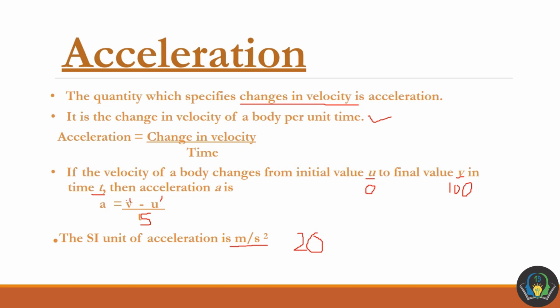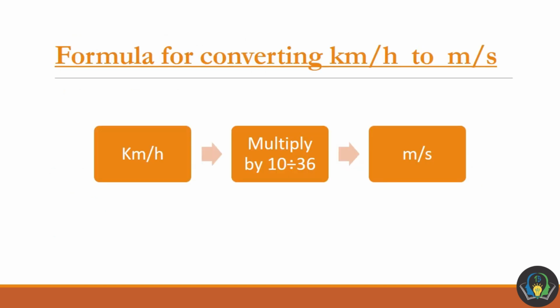Proceeding further with the next topic. See, this is everything basic. So, the formula for converting kilometer per hour into meter per second. Now this is used widely when you are performing any numericals in motion as well as in the laws of motion, which is the next chapter. It is extremely simple.